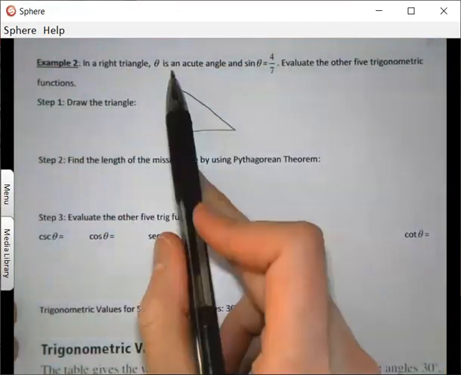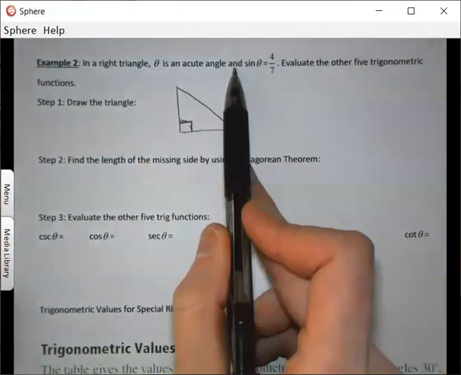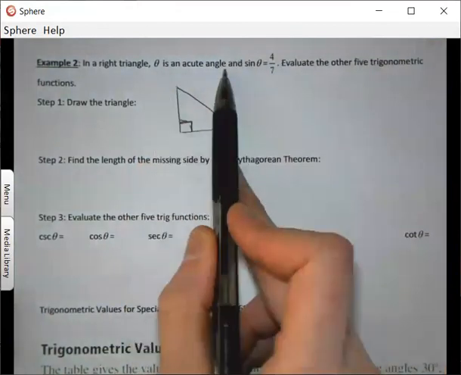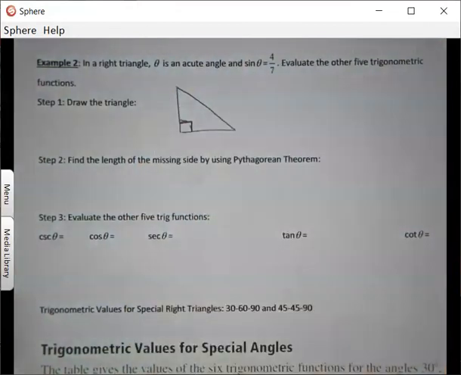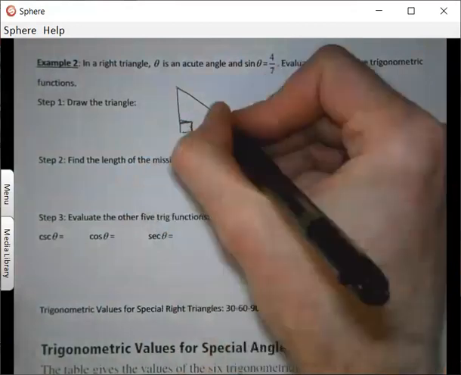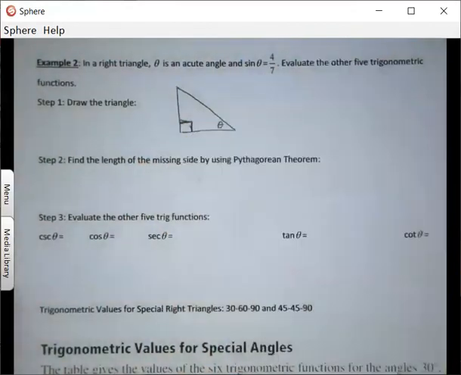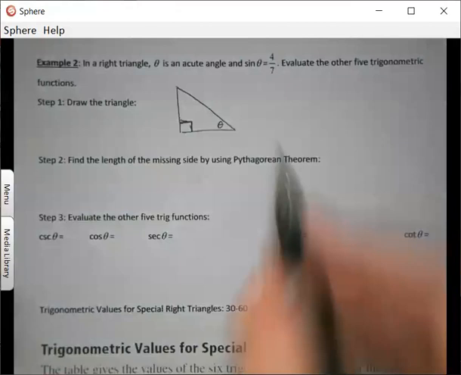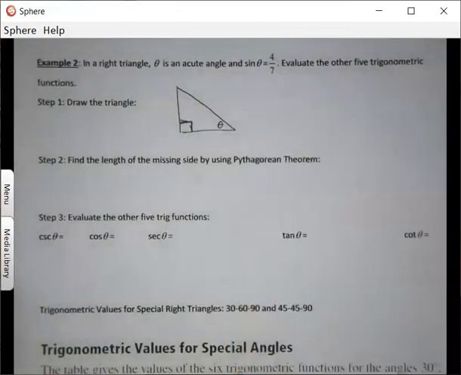We have an acute angle. So theta is an acute angle. That's really just to say that theta is not the right angle. At this point, it doesn't really matter which one we choose, so let's just pick one. Let's call this theta. That's going to be our acute angle. And then the sine of theta is 4/7.